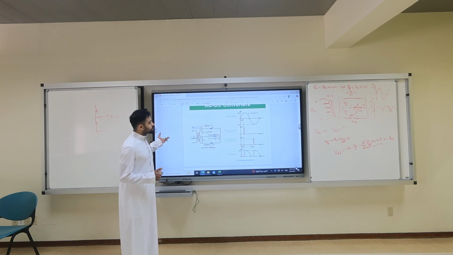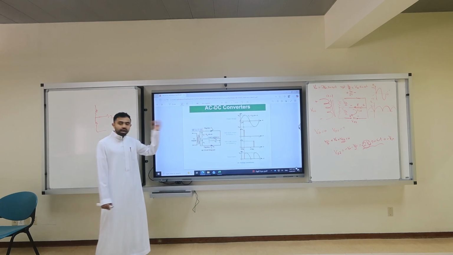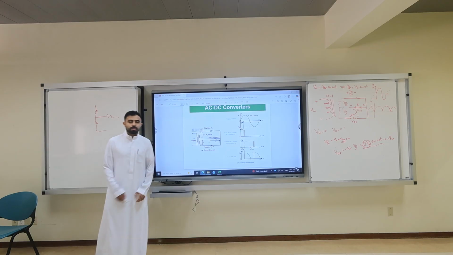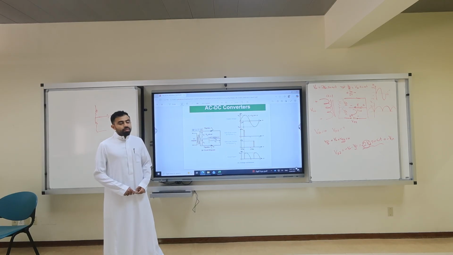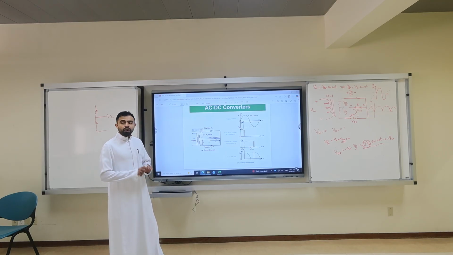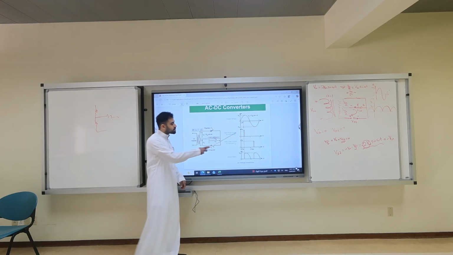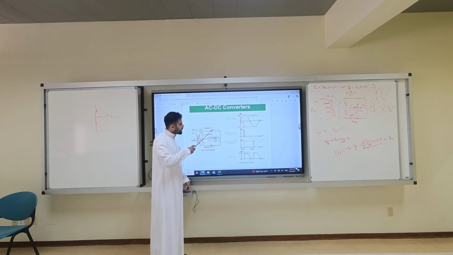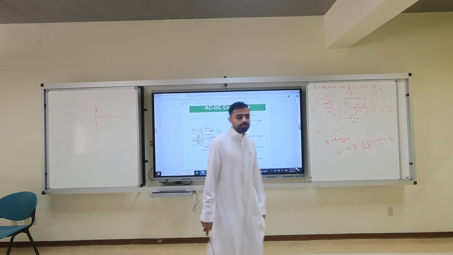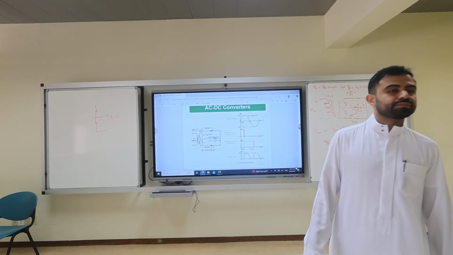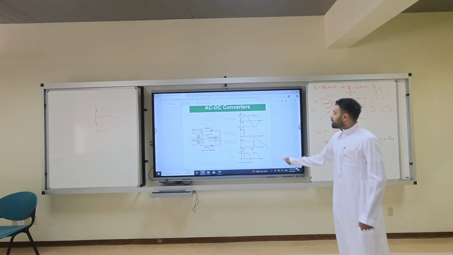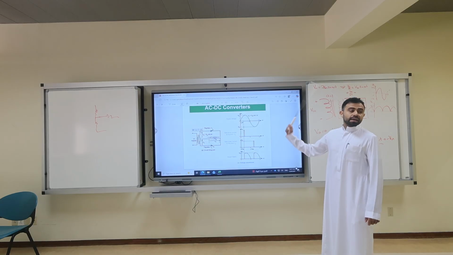The other type of circuit is the thyristor. The thyristor will be off unless you provide a pulse to its gate, this is the gate. If you provide a pulse to the gate, what will happen? It will turn on like a regular diode.